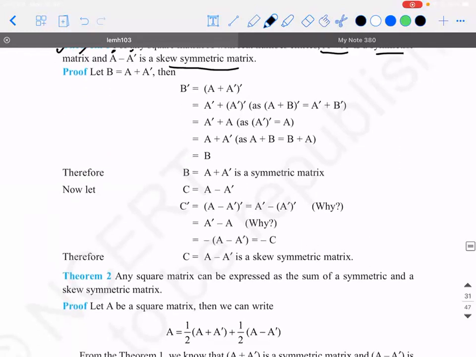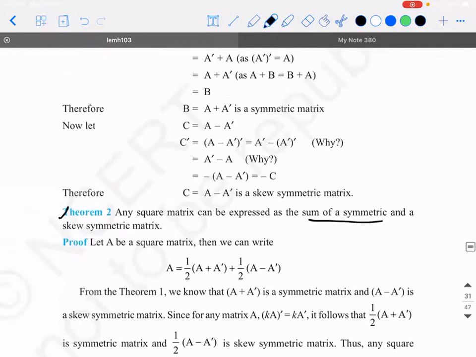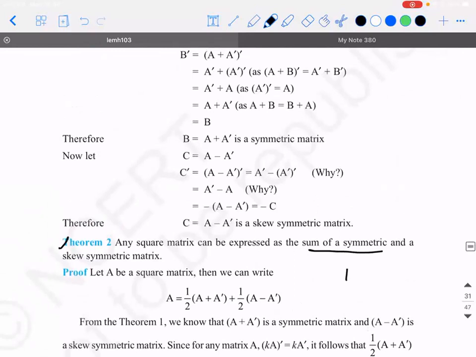The second theorem is, if you have any square matrix, then you can represent it as the sum of a symmetric and a skew symmetric matrix. So can I write A is equal to A plus A transpose plus A minus A transpose?